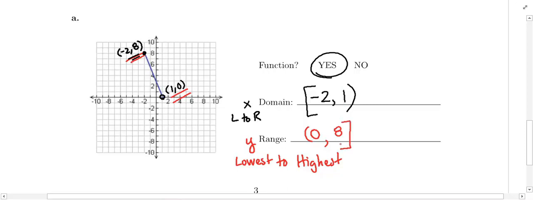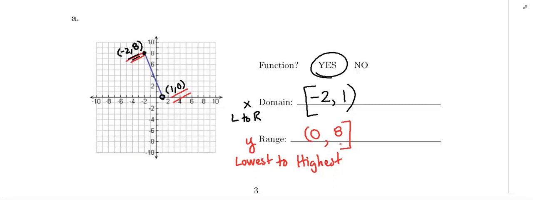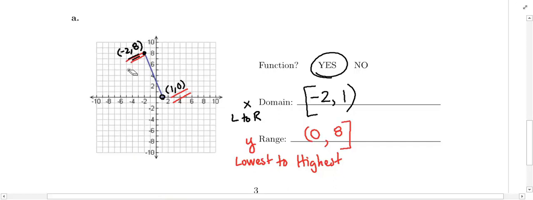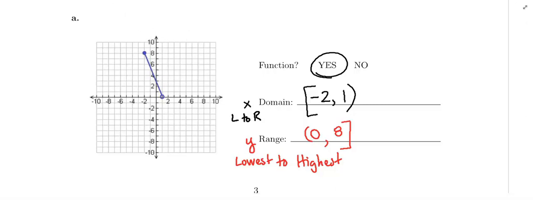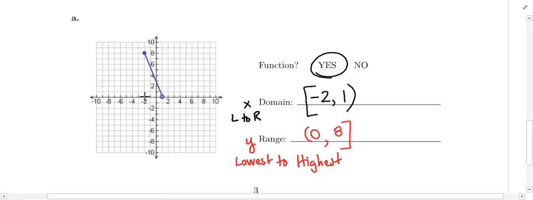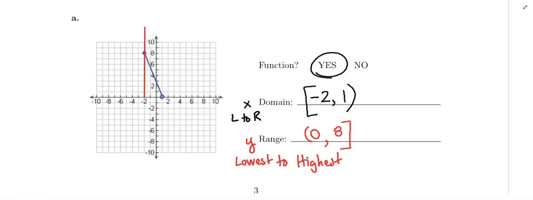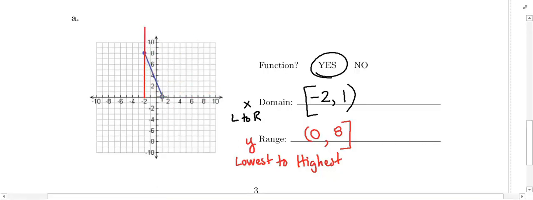That's it. We've written down the domain. We have written down the range. Real quickly before we go on, I just want to make sure you understand what this is telling us. For the domain to be -2 to 1, that is telling you along the x-axis, from -2 to 1, in between these two red lines.